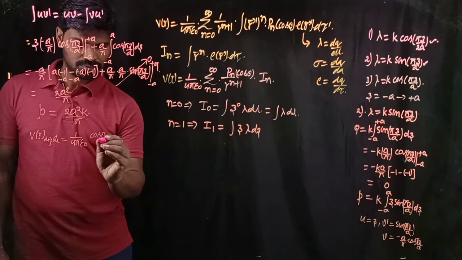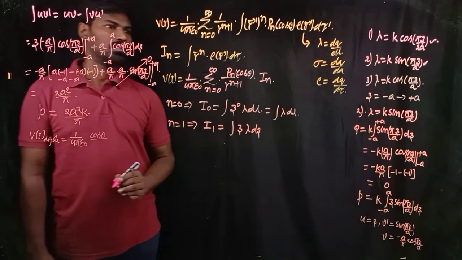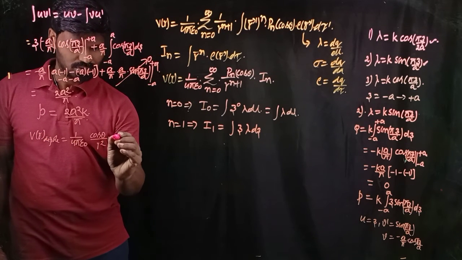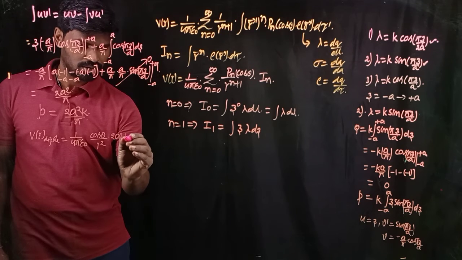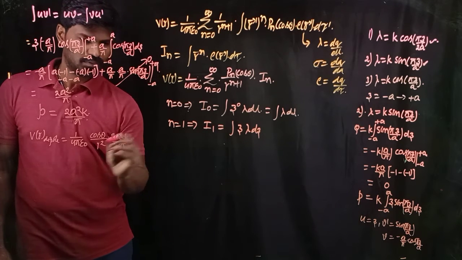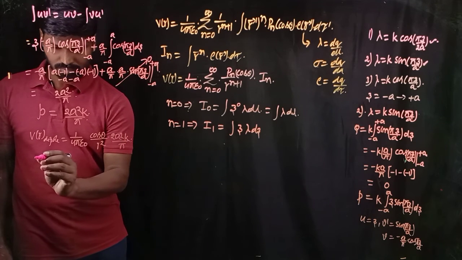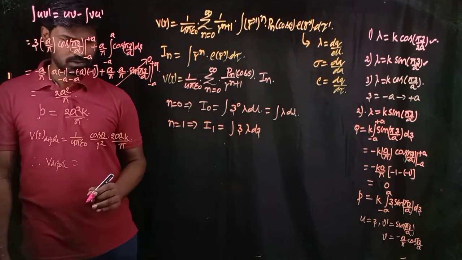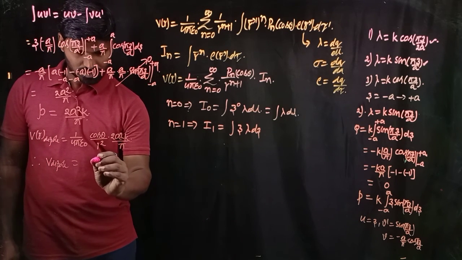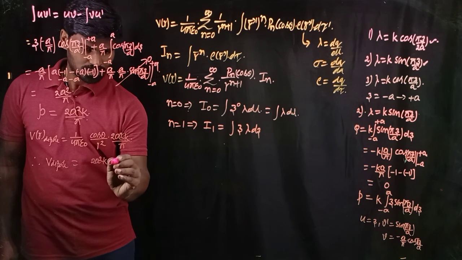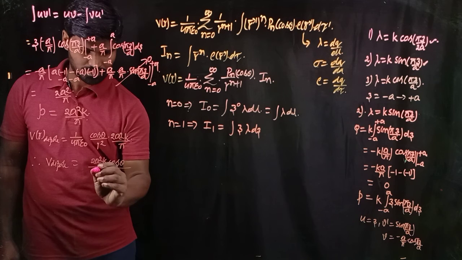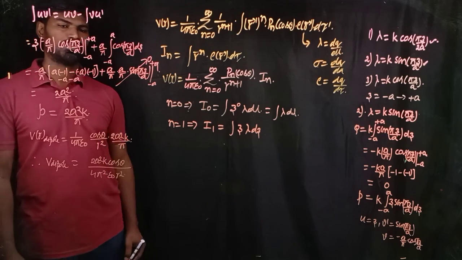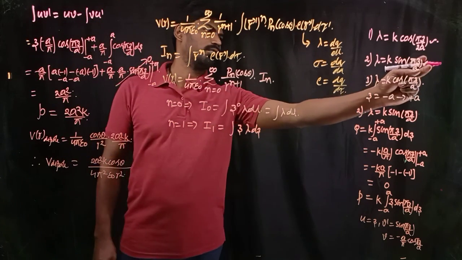Cos theta divided by r square into 2a square k divided by pi. Therefore the potential due to the dipole, V dipole, is equal to 2a square k cos theta divided by 4 pi square epsilon naught into r square. This is the expression for the potential due to this second kind of configuration.